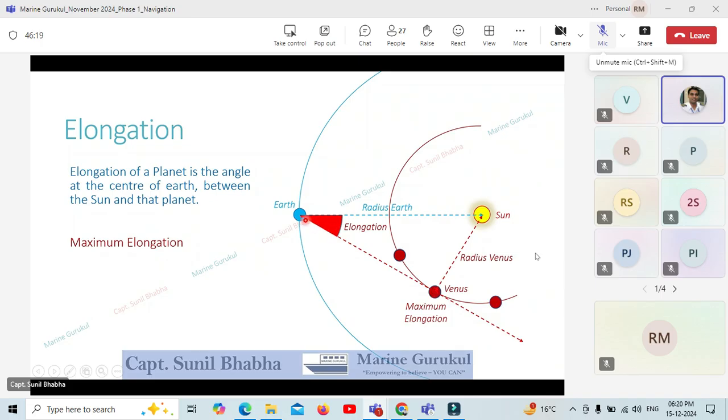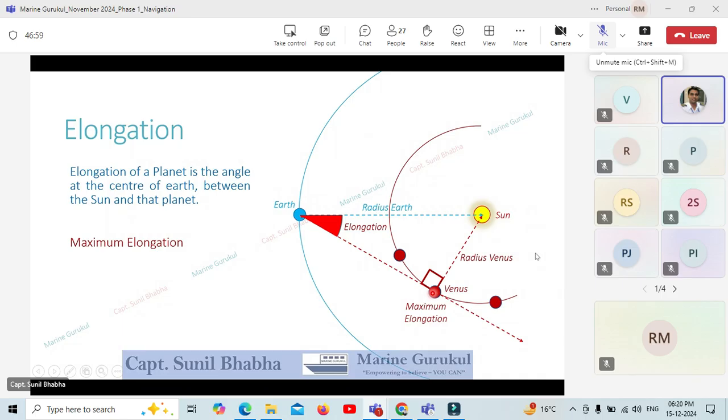So this line joining the center of Earth with the center of Venus, the red dotted line, represents a tangent, and this line joining the center of the Sun with the center of Venus represents the radius of Venus's orbit. So they will be at right angles. So this angle here at planet Venus will be 90 degrees. So this is the point of maximum elongation of Venus, and we know at the point of maximum elongation, the angle made at point Venus between the Sun and the Earth would be 90 degrees.